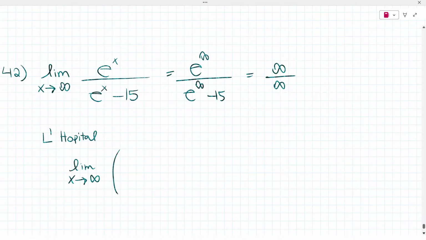Take the derivative of the numerator: the derivative of e to the x is e to the x. The bottom, the derivative of e to the x is e to the x, and the derivative of negative 15 is a constant, zero. What happens is e to the x over e to the x is just 1. It doesn't matter what the x value is, it's still going to spit out a positive 1. So as x approaches infinity, the y value is 1. So this is your answer.